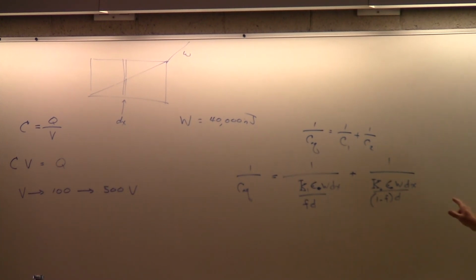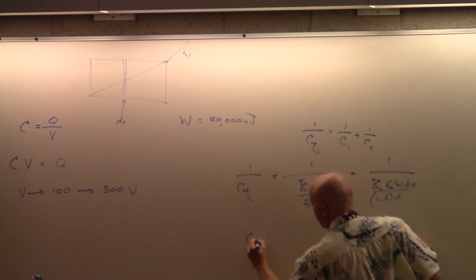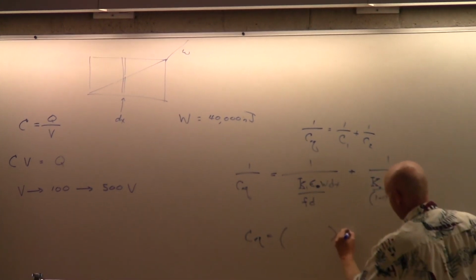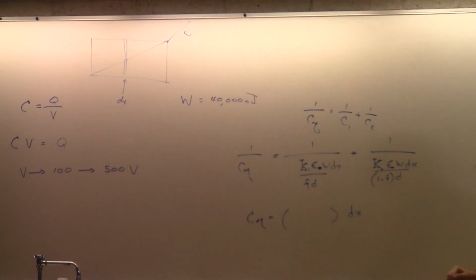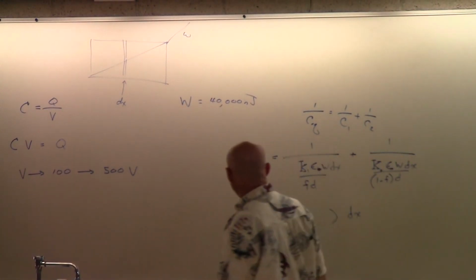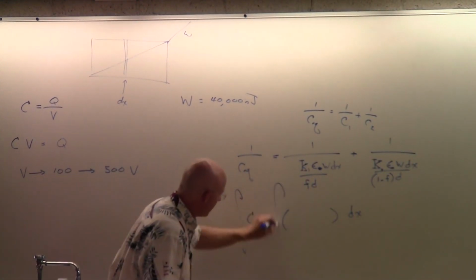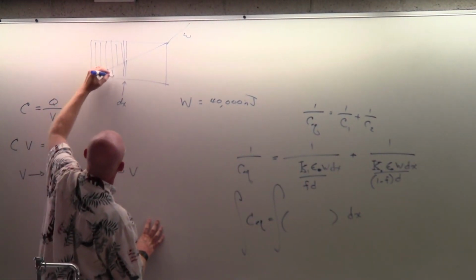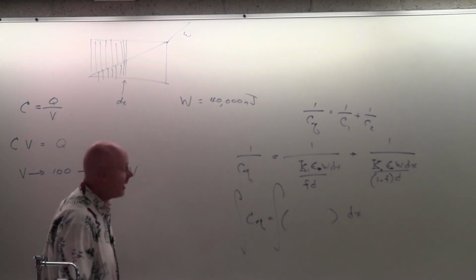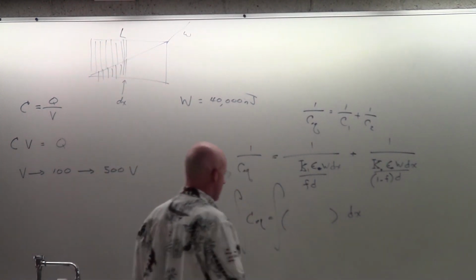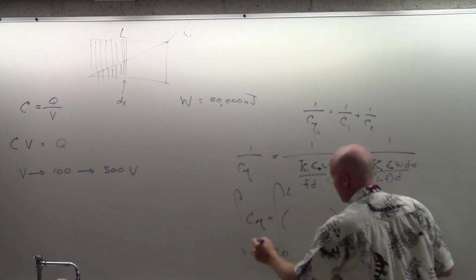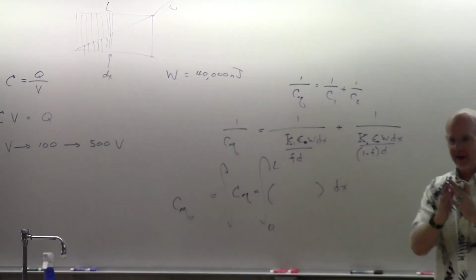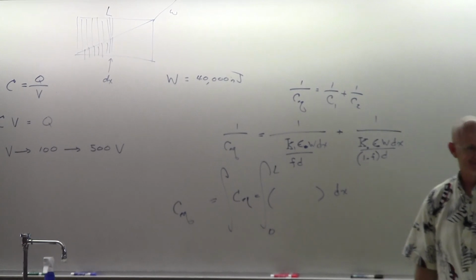If I work that thing around, I'm going to get the equivalent capacitance is a bunch of fractions with a dx. So then, if I add up a bunch, and I add across here 0 to L, wouldn't I get the capacitance of all of them in parallel?